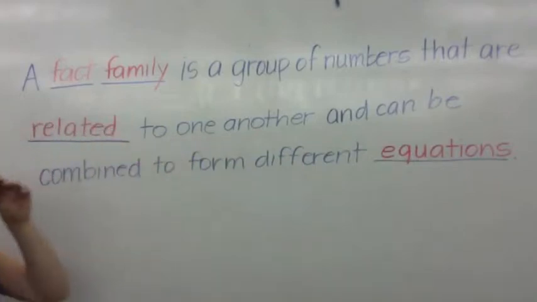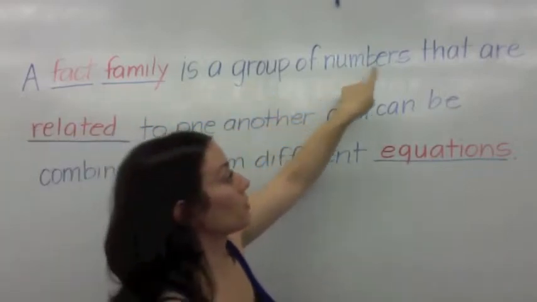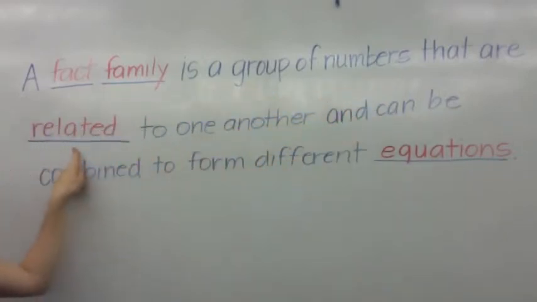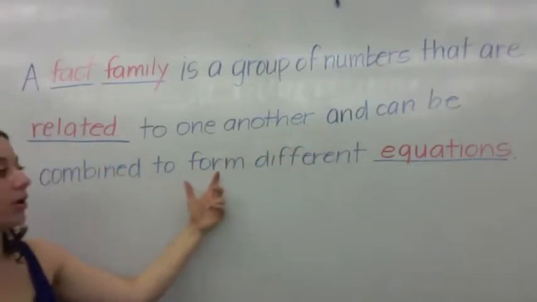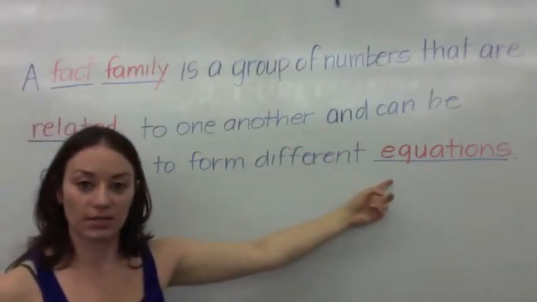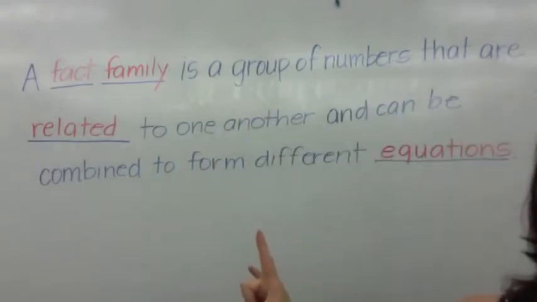Okay? So, I'm going to read it again. Read it with me. A fact family is a group of numbers that are related to one another and can be combined to form different equations. I'm going to show you what that means in a minute using triangles.